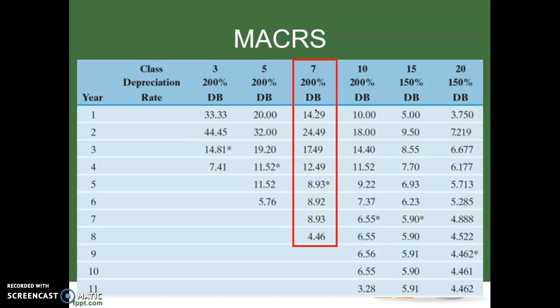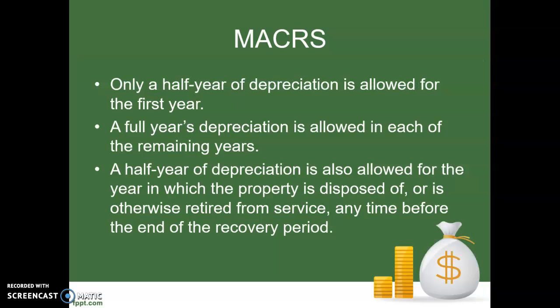In fact, that half comes from the half in the first year that you didn't use. Where does that half a year go? It gets tacked on to the end, which is why the 7-year asset actually gets stretched out into 8 years. This would normally be the end of the asset's life right there, but we take that half of the first year and tack it onto the end.